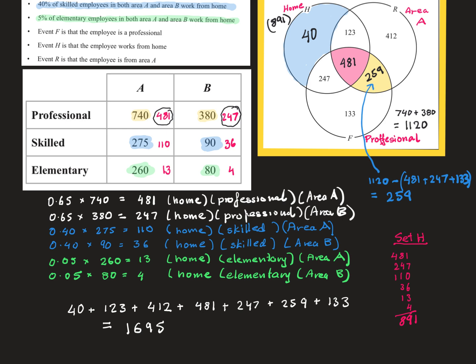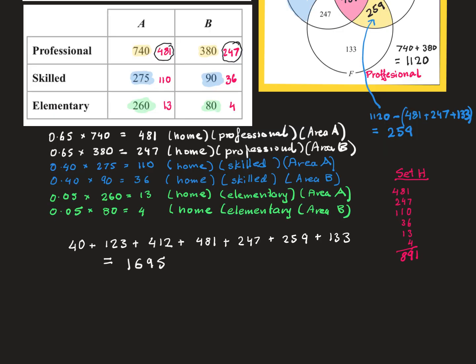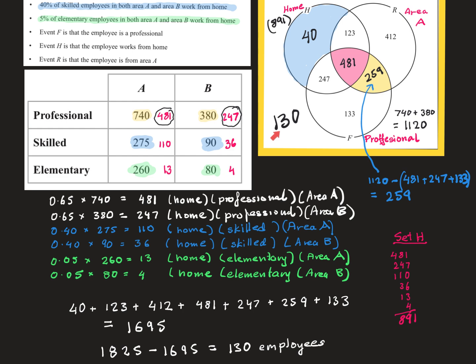Now, altogether, the company had, as we were told, 1,825 employees. In that case, we need to take away that number from 1,825 employees, and we'll get 130 employees outside the sets. So we can insert that number in here.